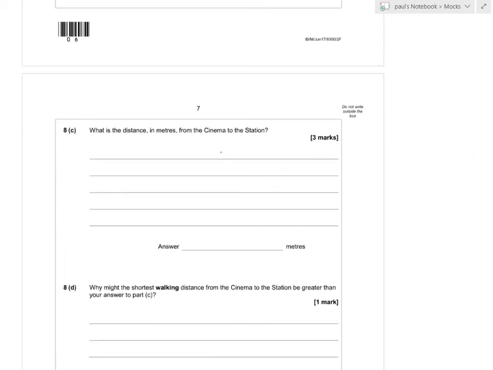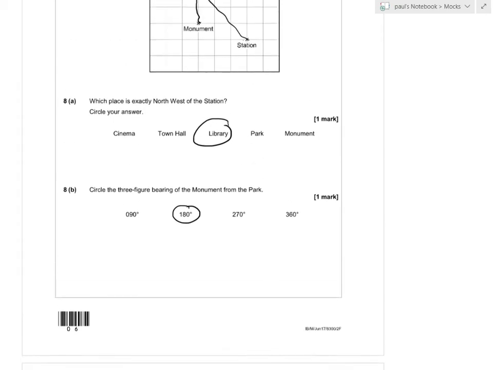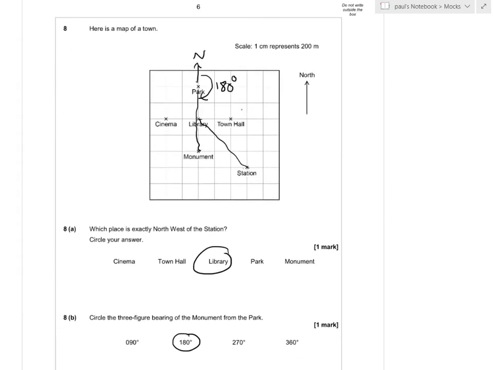What's the distance in meters from the cinema to the station? So I'm going to go back up here. From the cinema to the station. There. So we're going to measure that from the cinema to the station. I can't measure it on this, so I'm going to call it 6 centimeters. Yeah, 6 centimeters.